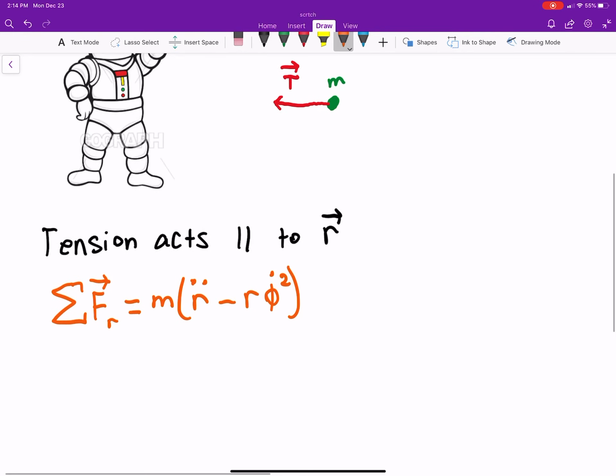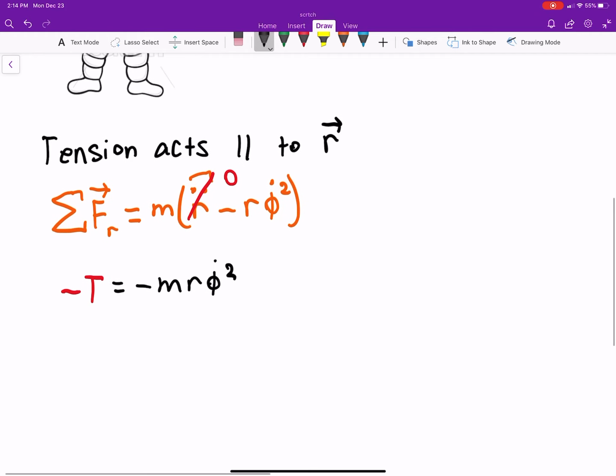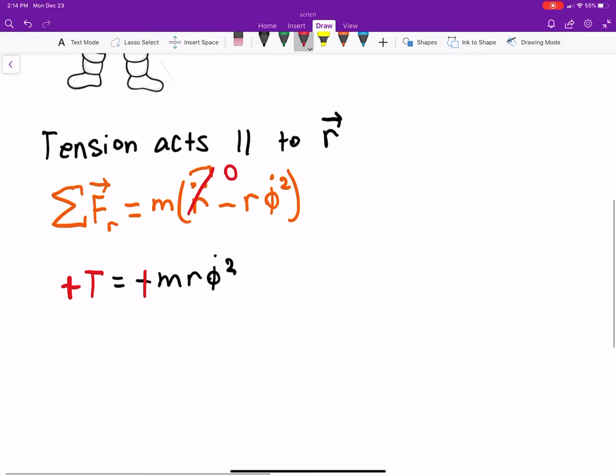Well, there's one force, so it's negative tension is equal to, r staying constant, so r double dot, the second derivative of r, but if nothing is changing, this is just 0. That's equal to negative m r phi dot squared. If we divide both sides by negative, we'll finally get tension equals positive m.